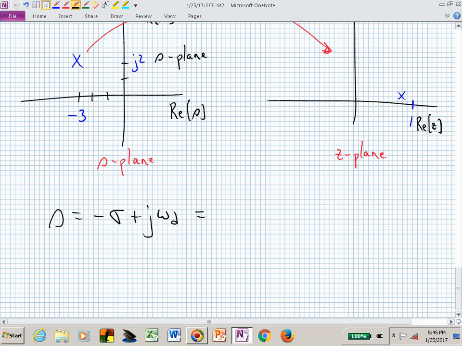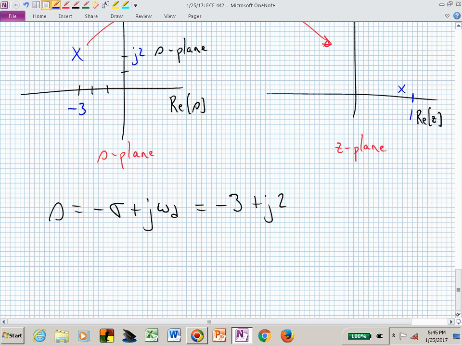In our example, minus sigma is minus 3, and omega sub d is 2. We may show where this comes from in a minute, but for now, let's just assume that we are given a sampling period of 0.04 seconds, or 40 milliseconds.